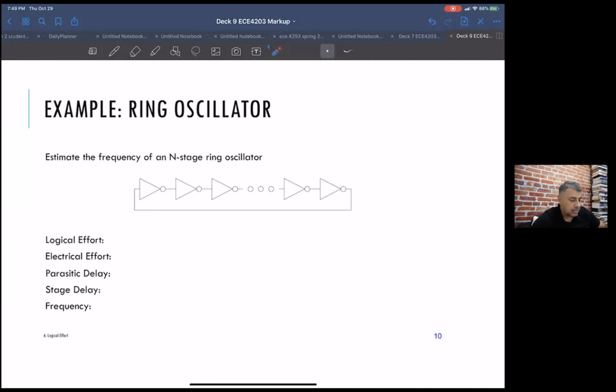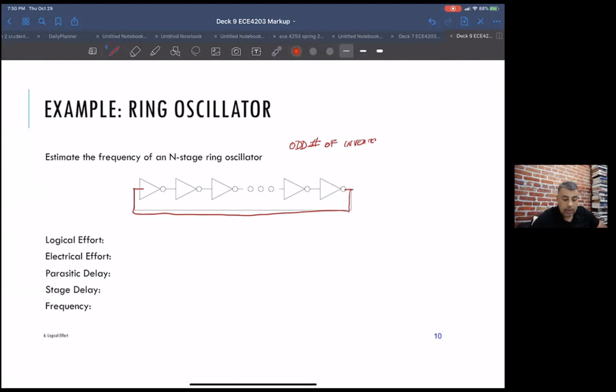So this is actually a circuit that a lot of people use to look at how fast a process is. It's a ring oscillator, so-called. So it's an odd number of inverters, where the output of the last one is hooked up to the input of the first one.